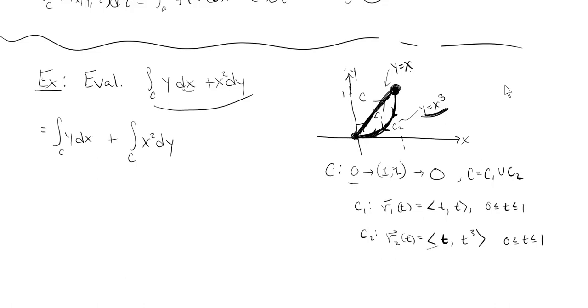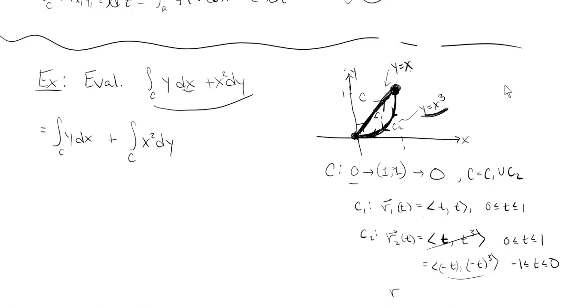So instead, let's try negative t and negative t cubed, going from negative 1 to 0. If I start at negative 1, I get 1, 1. That's good. If I go up to a bigger t value of 0, I get the origin. So this is perfect. This is still satisfying the relationship that the y value is the x value cubed, but now we start and end at the correct place.